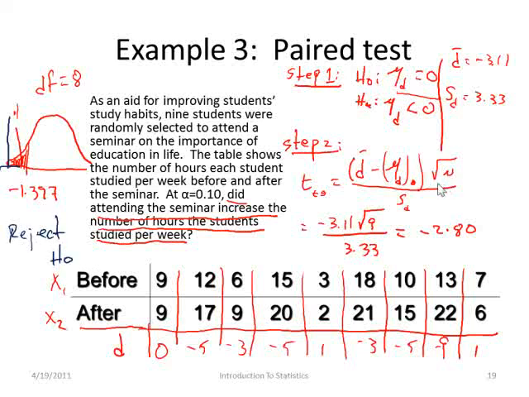So we can come back, and what's the short run conclusion? Did the intervention work or did the intervention not work? It worked. So we can formally come back and say at alpha equals 0.1, the data indicates that attending the seminar increased the number of hours that students studied per week on average or something like that.